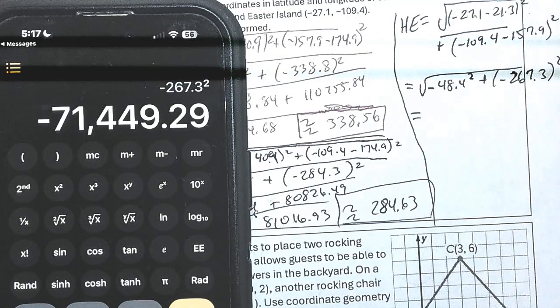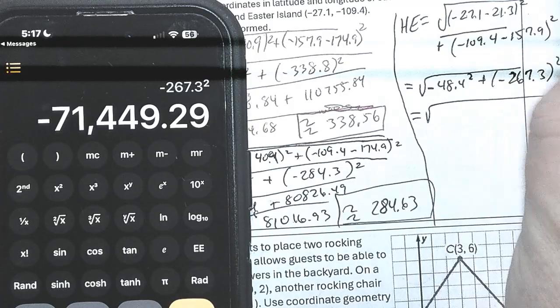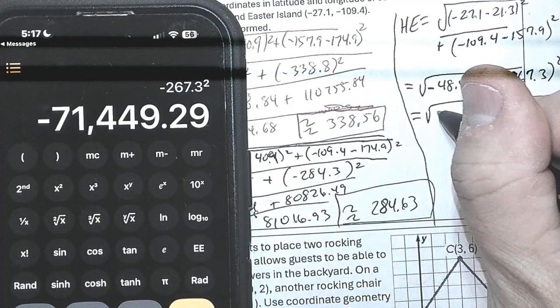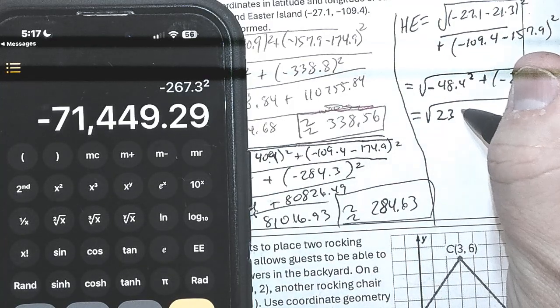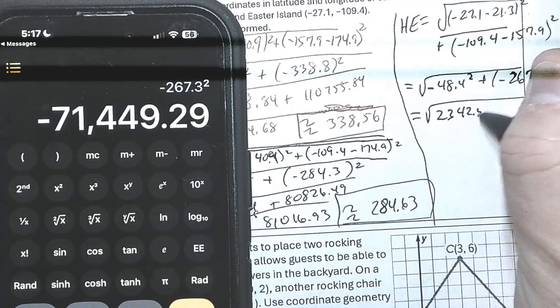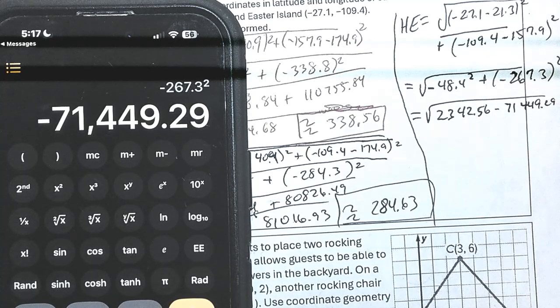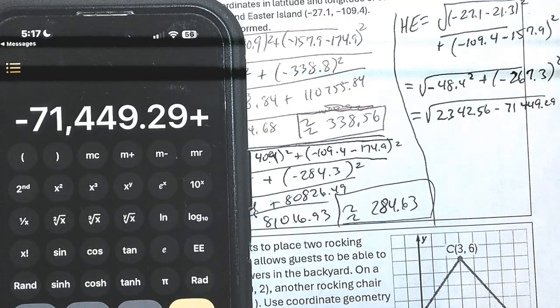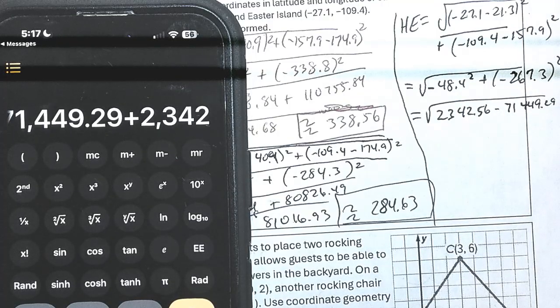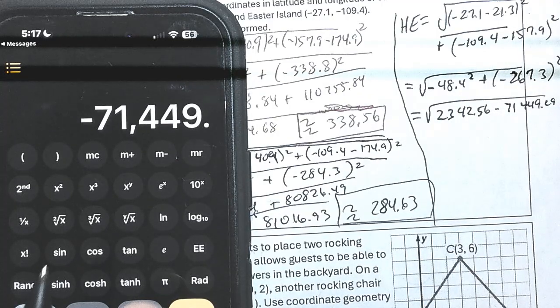All right, so this side, well, I know this side's right. It was 2342.56, and this one's 71,449.29. Actually, no, it won't be negative. Good catch, you guys.